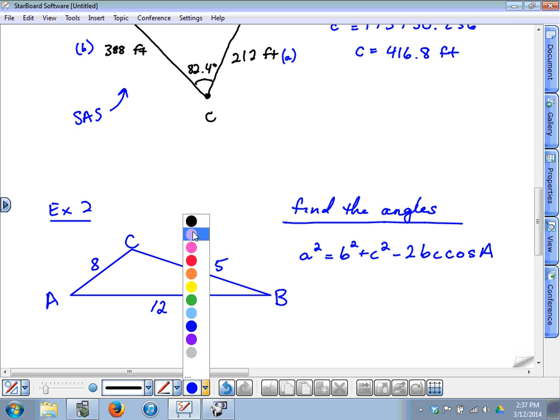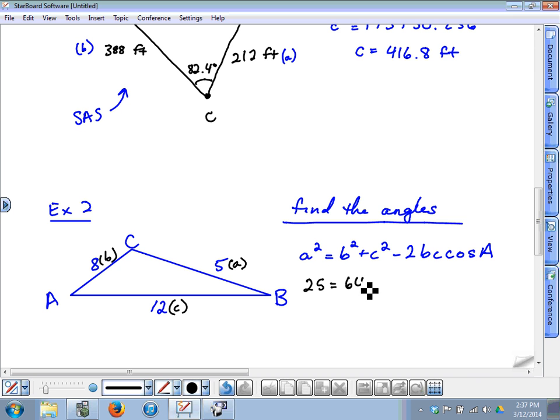Now we have to correctly identify A, B, and C. If this is angle A here, then this is side A. This is side C, and so over here is side B. So this turns out to be A squared, it's 5 squared, 25, equals 64 plus 144 minus 2 times 8 times 12.